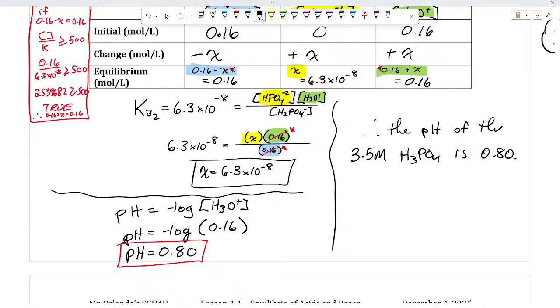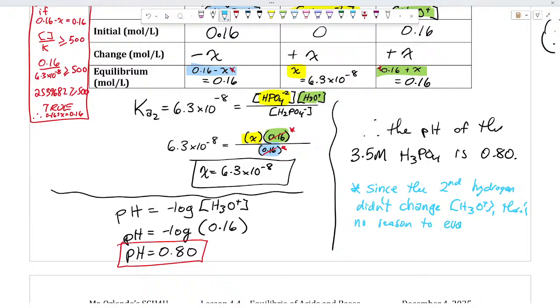And I want to make a note here, so when you look back at this: since the second hydrogen didn't change the concentration of H3O+, there's no reason to evaluate the third one. Now, if you really want to know what the concentration of PO4 3- ions with no H at all was, then you could go ahead and do that. But spoiler alert, at these low concentrations, it's just going to be the Ka value. You're going to get that same thing where things cancel out.